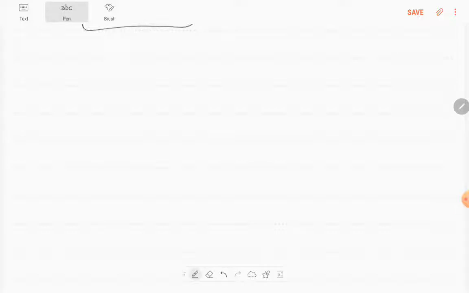Number 8, graph the linear equation 2x minus 5y equals 20. Then find the slope. So the first thing, let's sketch the graph.